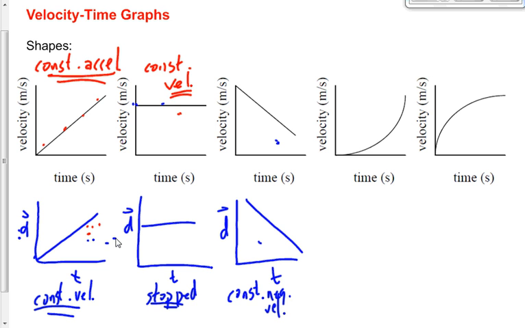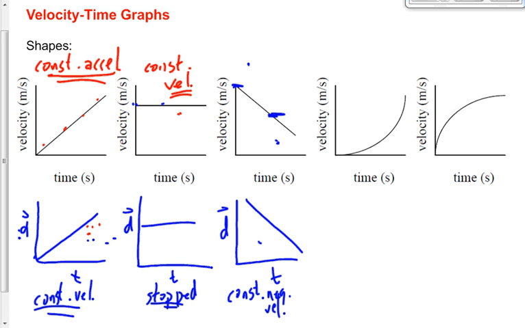What about that? Straight line again means constant, right? Is it constant velocity here? No. It can't be, because if you write constant velocity for this, you're not thinking. You're remembering, and you're remembering wrong. If you think about it, the velocity is something here, and it's something smaller here.